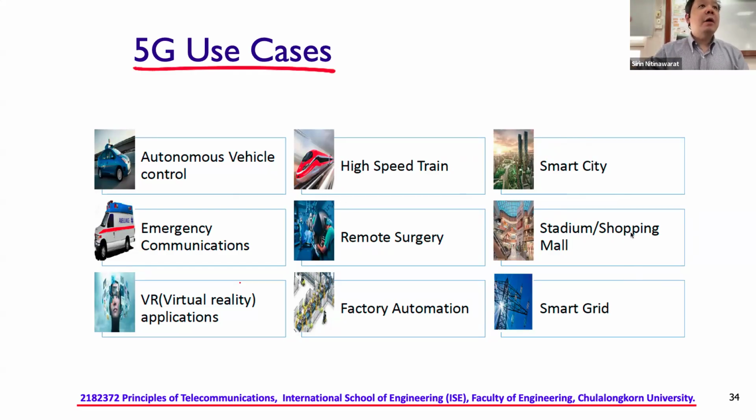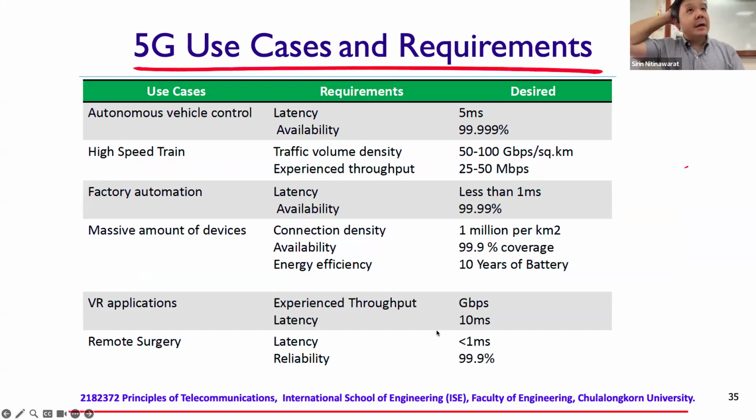That's what I mentioned about a lot of users using a lot of bandwidth in a very confined space. So let's look at different requirements for these different important applications.